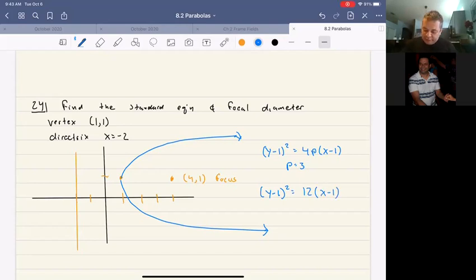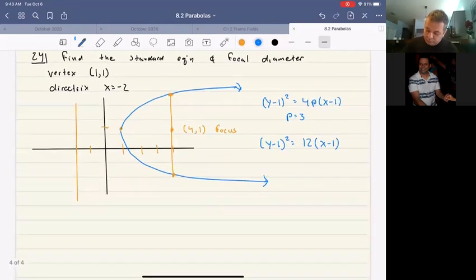Okay, my latus rectum is here. It is given, in this case, by x equals 4. Remember, it's a line parallel to the directrix through the focus.